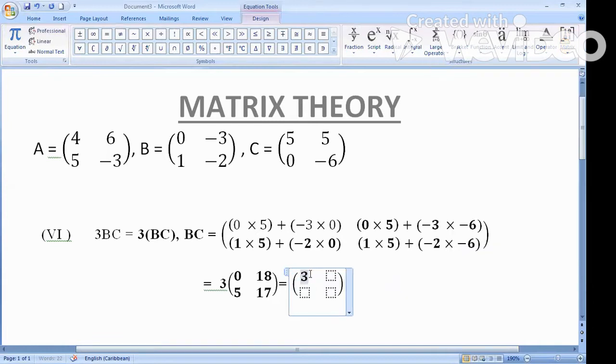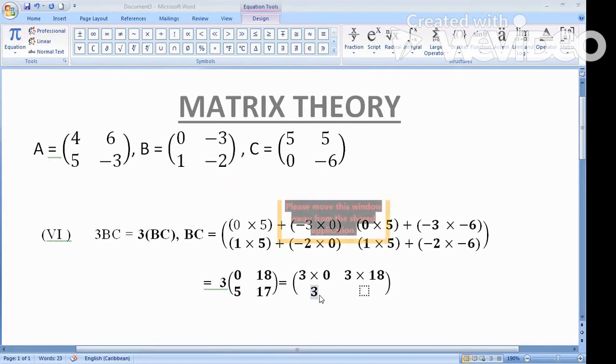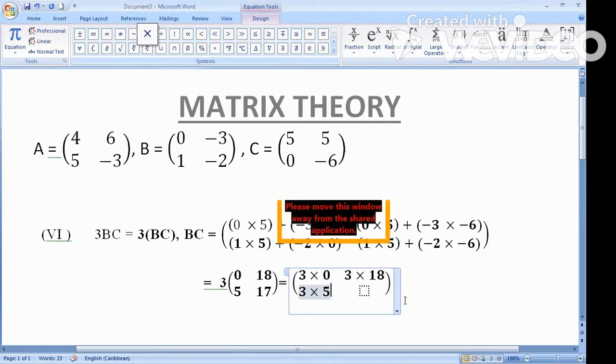So we have 3 times 0, 3 times 18, 3 times 5, and 3 times 17.